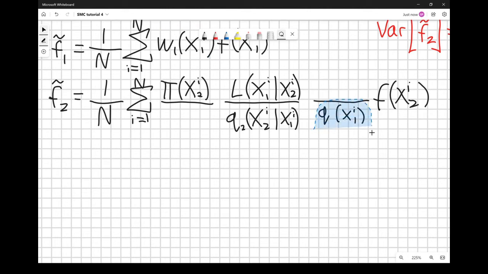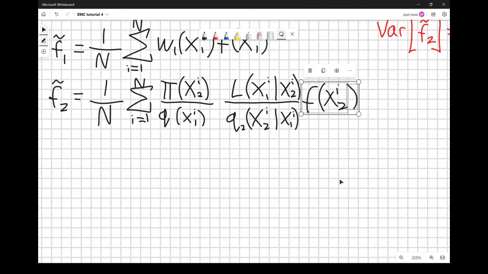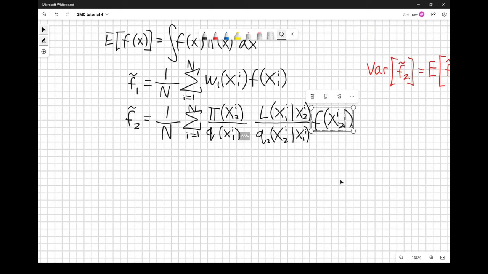Then just tidying up. We've now substituted both of our expressions for the weights into here.